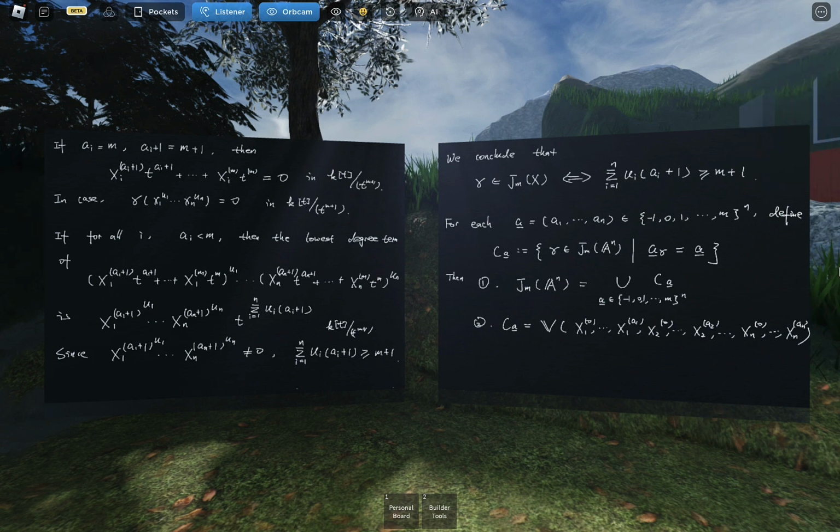This just follows from the definition of A(gamma). And because this is a prime ideal, we know it is irreducible.